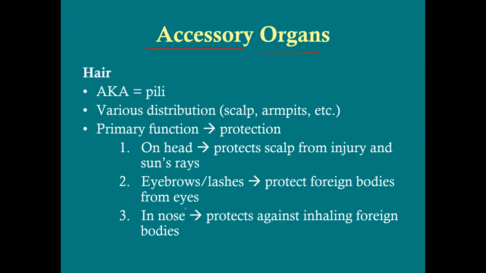But the little fine hairs we have on our skin are pretty much useless. They don't really do anything for us anymore. The hair under the armpits and the groin is a secondary sexual characteristic. Actually, we should talk about that with reproduction. I'm going to mention that a little later on though.